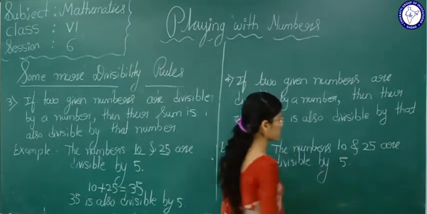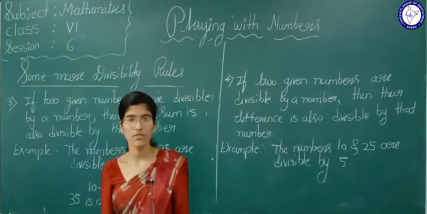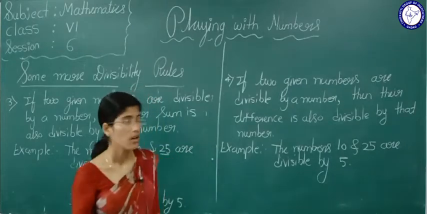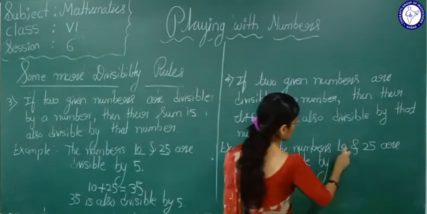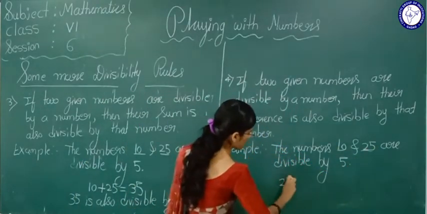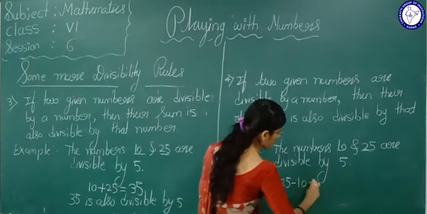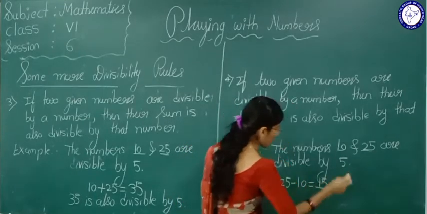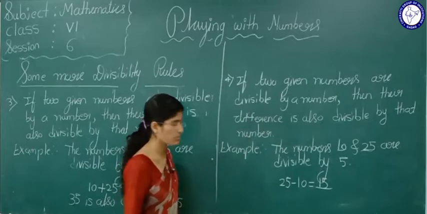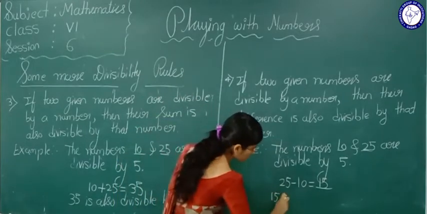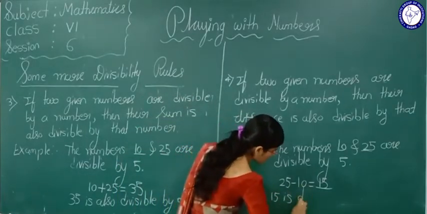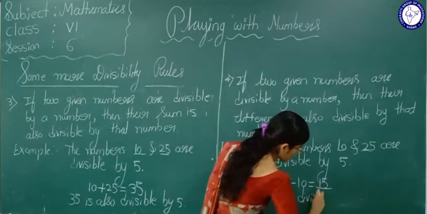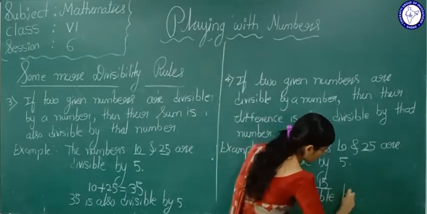Yes or no? Now do the difference of these two numbers. What is the difference? 25 minus 10 is 15. The same 15 is divisible by 5 also. Yes or no? Is not 15 divisible by 5? Yes, 15 is divisible by 5.